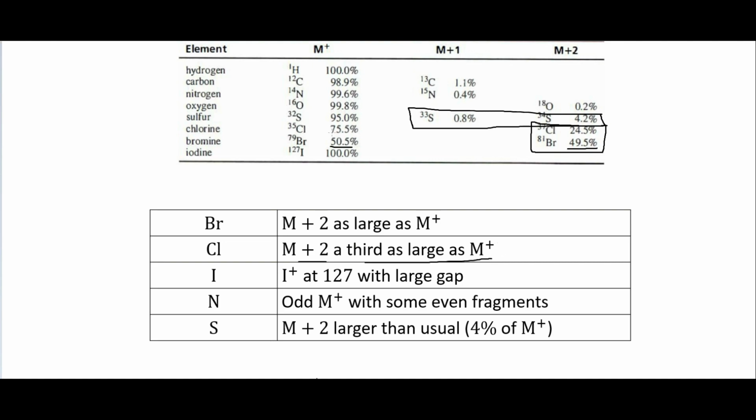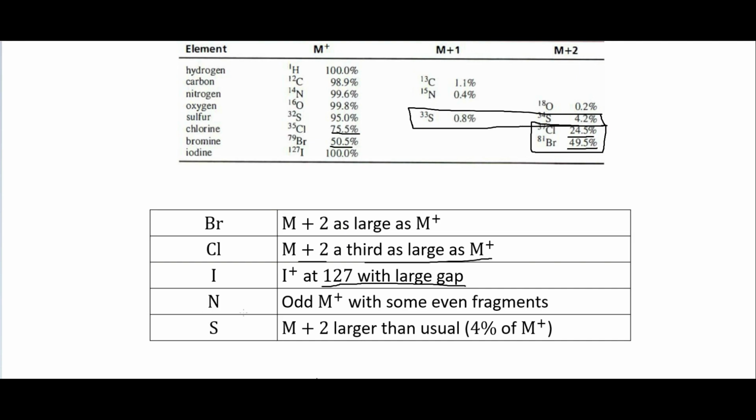That's because we have 75% chlorine-35 and around 25% chlorine-37. And then iodine isn't an isotope case here, but what we will see if there is an iodine present is a very large gap, a 127 AMU gap in our spectra.